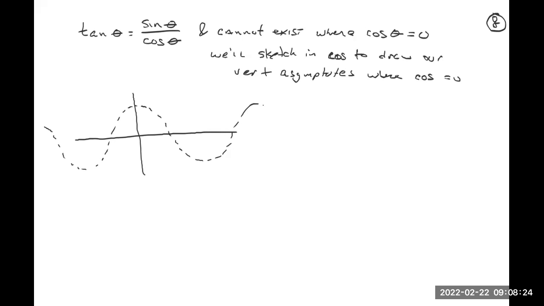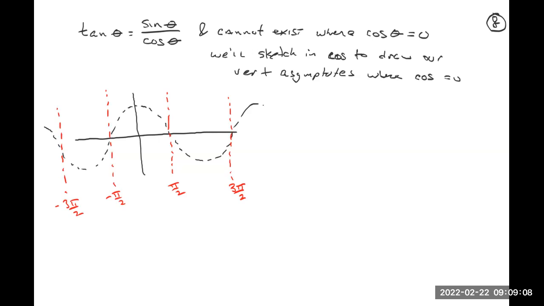Everywhere that cosine touches 0, we have a vertical asymptote. This happens at pi over 2, 3 pi over 2, negative pi over 2, and negative 3 pi over 2, and forever and ever in both directions.